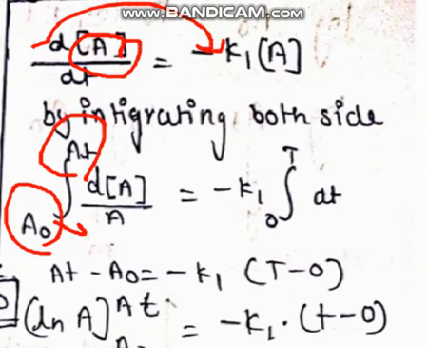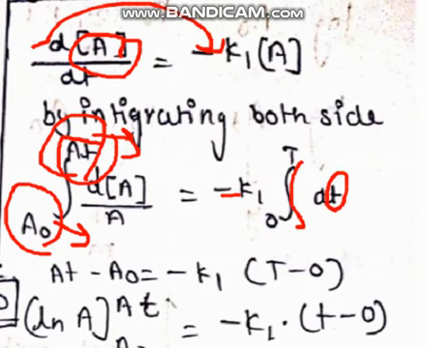A0 is the initial concentration of reactant A and At is the concentration of reactant A at a particular point of time, that is t. So here the concentration of reactant A is represented by At. And in the same way, K1 integrating dt, here the time is integrating from 0 to t. Initial time was 0 and at a particular point of time it was t.